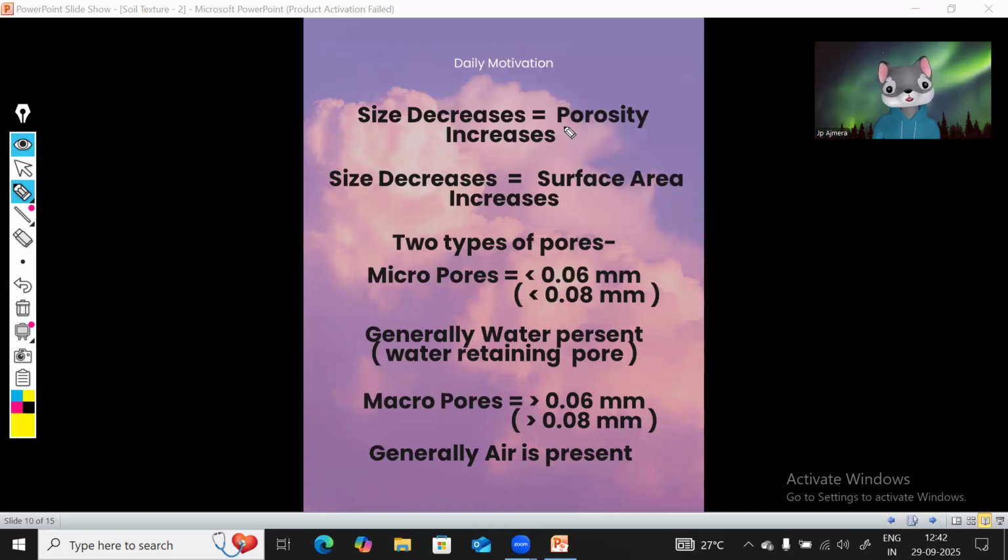Size decreases with the porosity. What is meant by that? We discussed there are two kinds of soil.